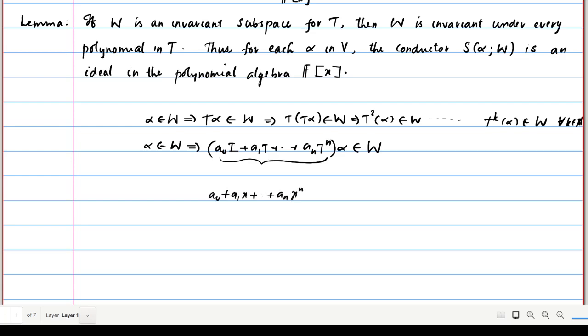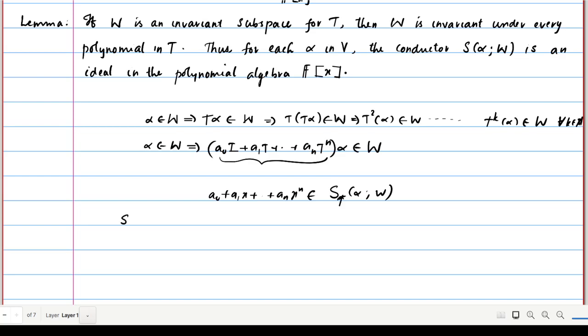Then we can say that W is also an invariant subspace of any polynomial expression in T, and in this case this belongs to S(alpha, W). Now if you have this result, then you can easily prove that S(alpha, W) is a subspace of the vector space F[x], or a subgroup.